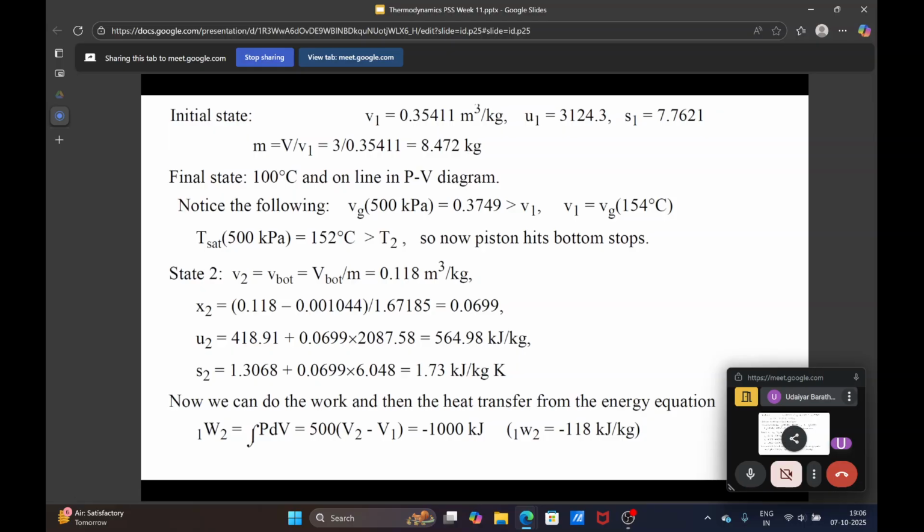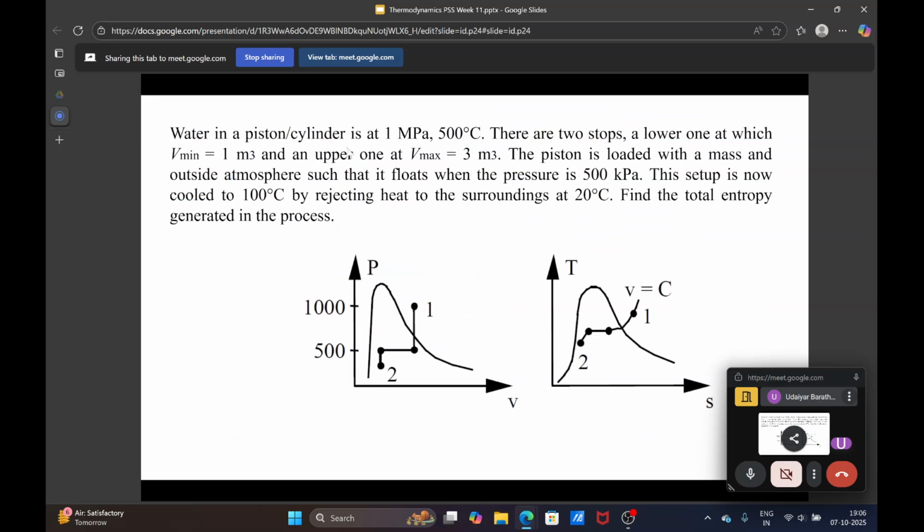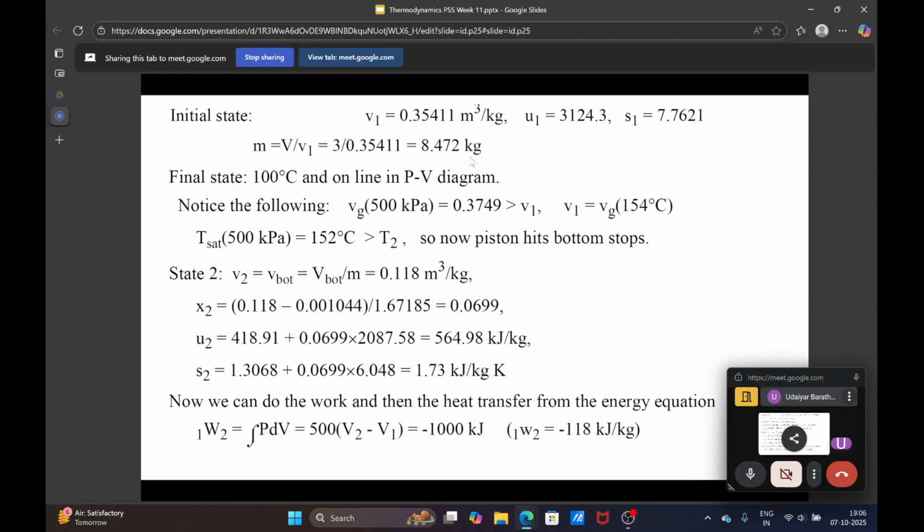So the mass is initially at 3 meter cube with the topmost stop. So V by v1 gives you 3 by 0.35411, which comes out to be 8.472 kilograms. That is the amount of water, or steam, in the piston cylinder arrangement initially.